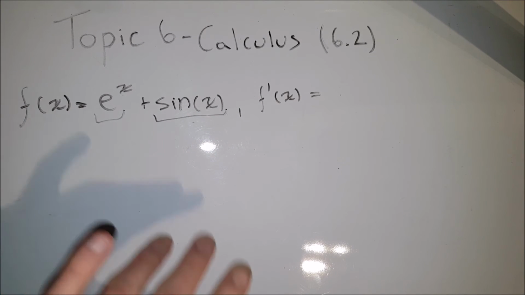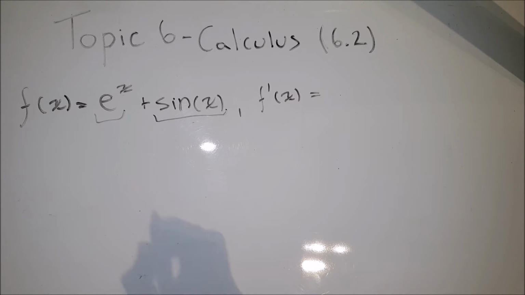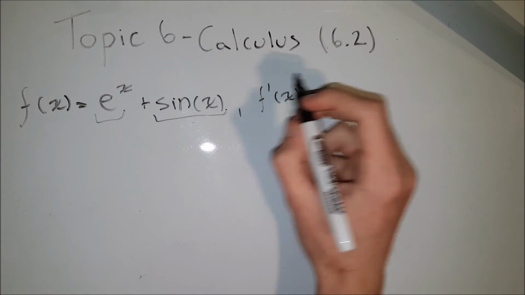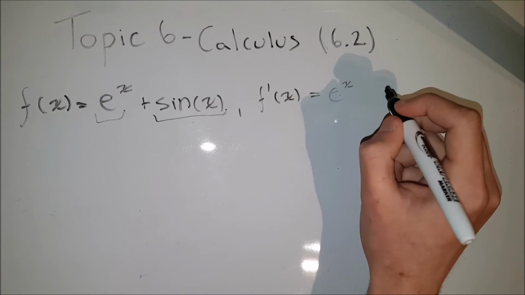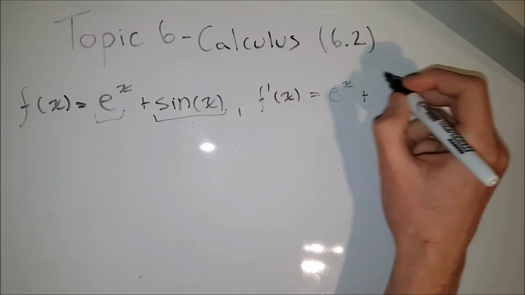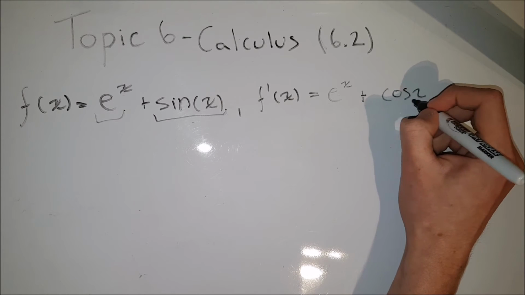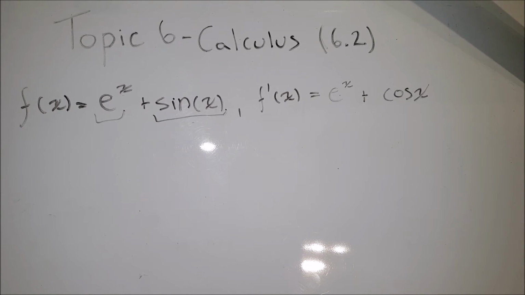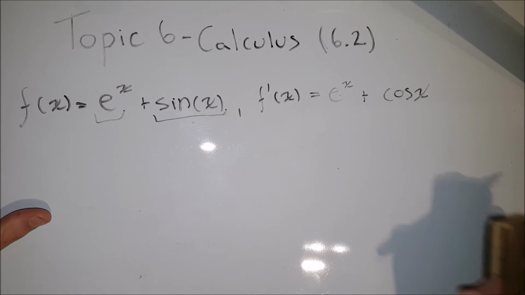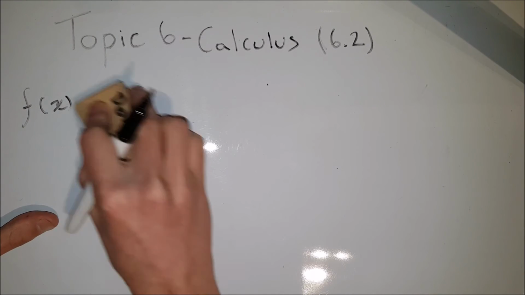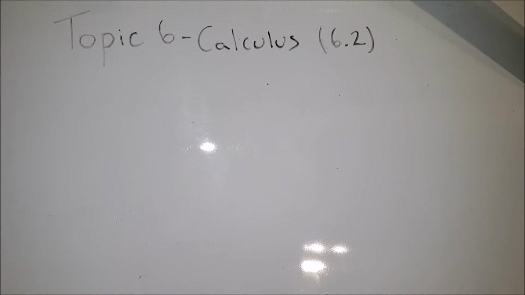We just take the derivative of each term by itself and add them to each other. So the derivative of e to the x, remember, is just e to the x, and the derivative of sine of x is going to be cosine of x. So that's going to be the derivative of that function. Alright, so that's just an easy thing that you need to know.